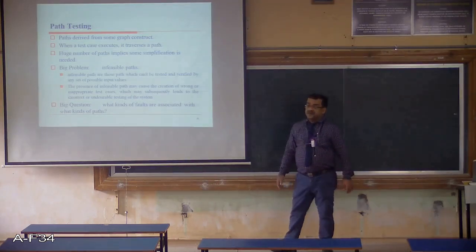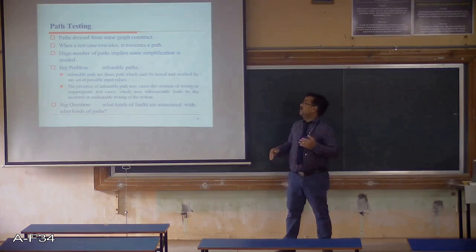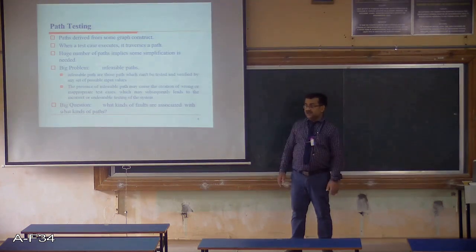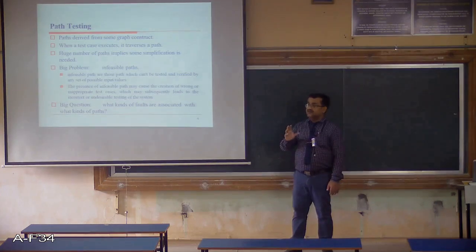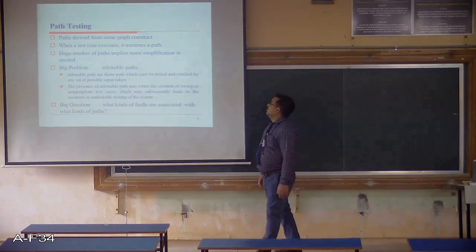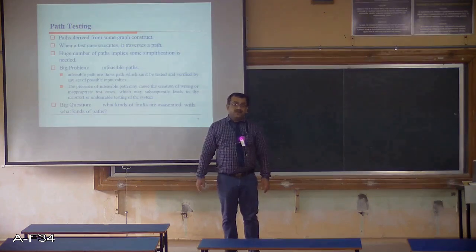If the number of paths in the program is very high, very huge, then we adopt some method to simplify or contract the number of paths. So some simplification mechanism is needed when the number of paths is very large.